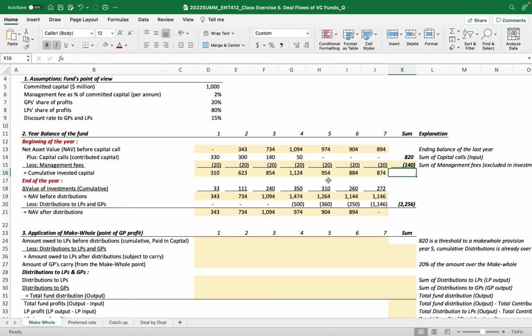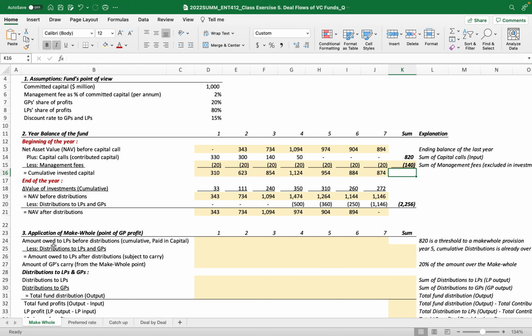So we want to measure how we share this carried interest, right? 20% carried interest, the 80/20 rule for the LPs and GPs. Okay, so let's get started.